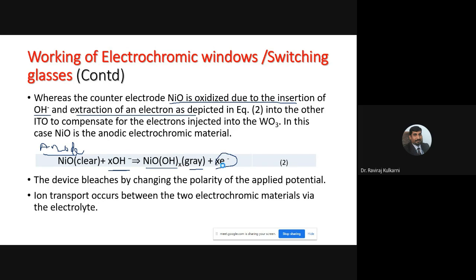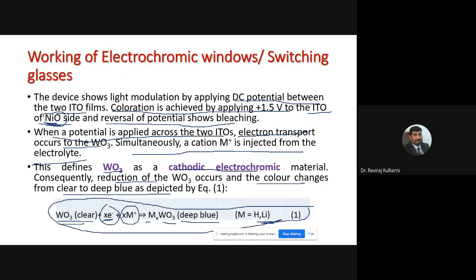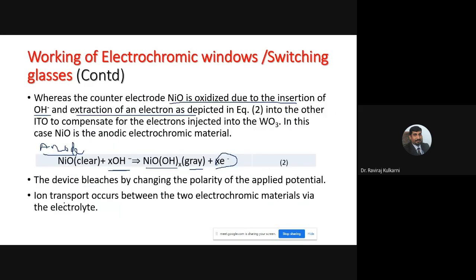These electrons migrate to tungsten oxide and react with the metal ion or H+ ion from the electrolyte, forming deep blue colored metal tungstate or tungstic acid. This device bleaches by changing the polarity of the applied potential.